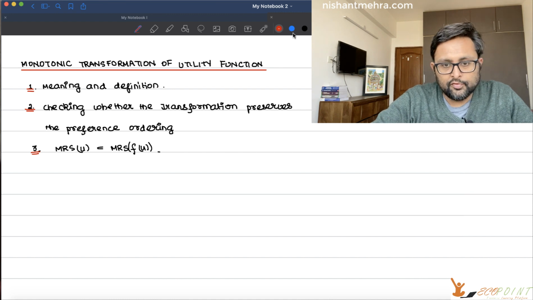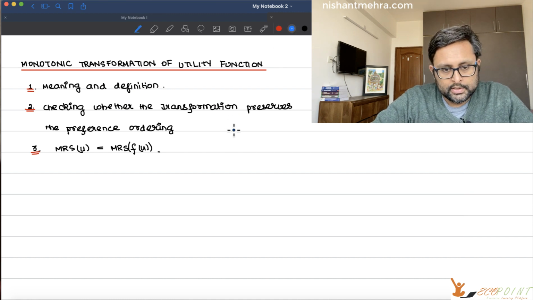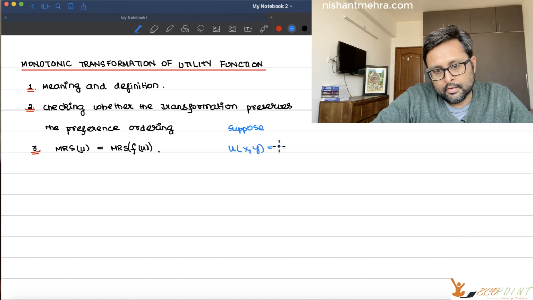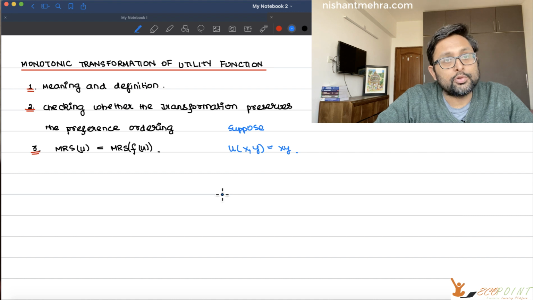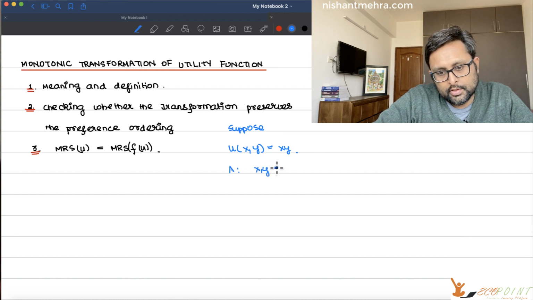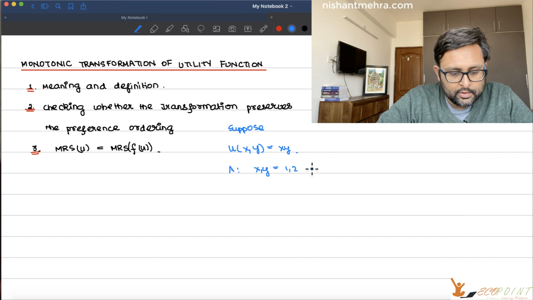So let me just start with one example. Suppose u(x,y) is equal to xy. That's the utility function which is given to you. And there are two bundles. Bundle A, in which x and y is 1, 2.